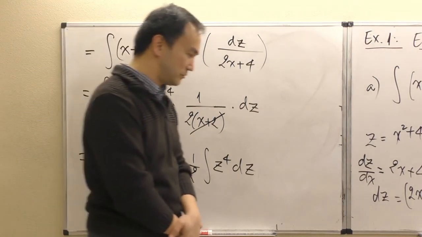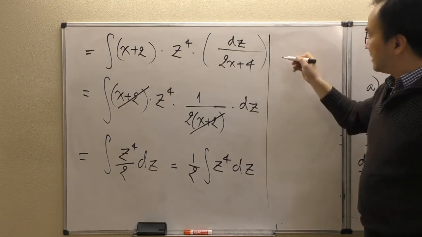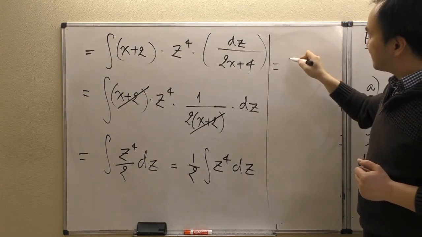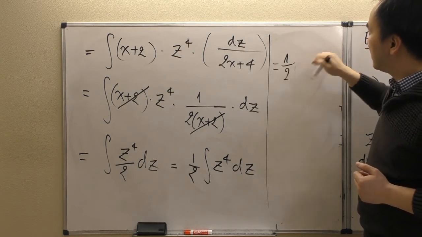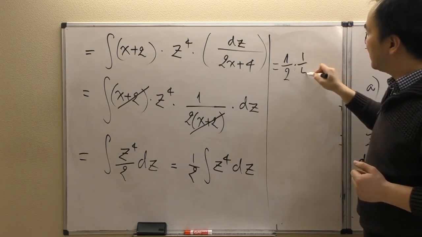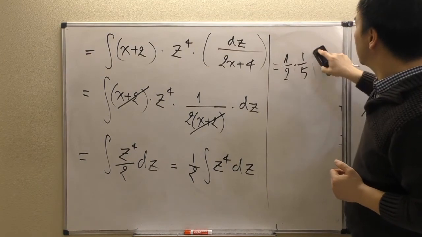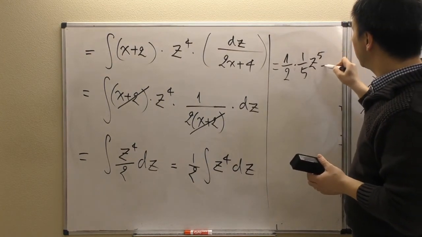It is a trivial answer here. So the answer for that is going to be now 1/2, constant coefficient, times 1/5 z to the 5th plus c.